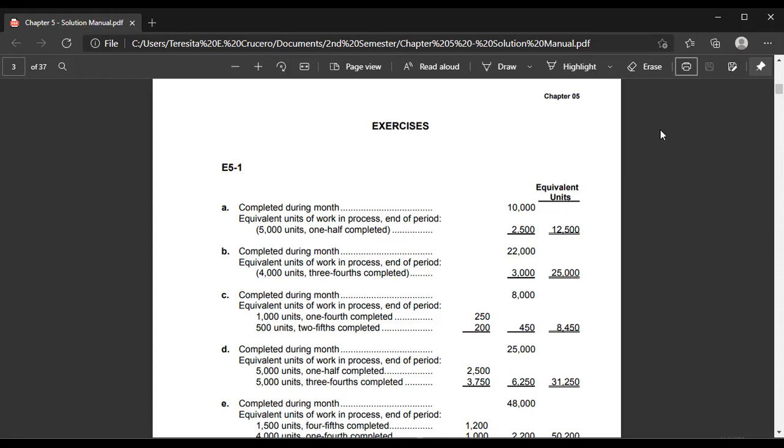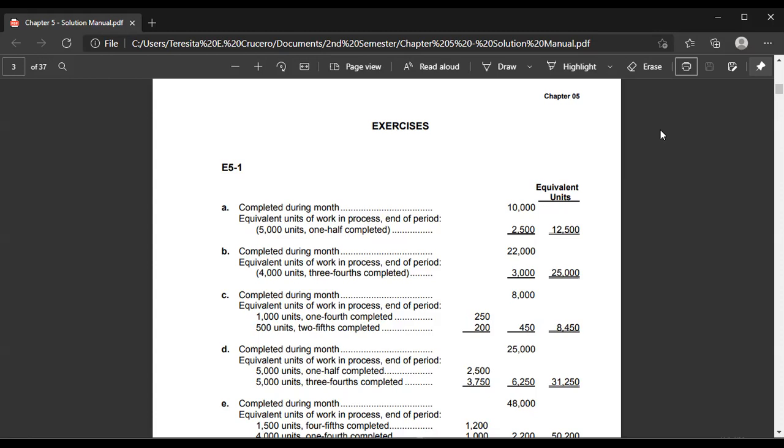So, if we convert the ending inventory in terms of completed units, it is only 2,500. But it does not mean that 2,500 units were completed. We have a full 5,000 units in process at the end, and each of these units had work done of one half.